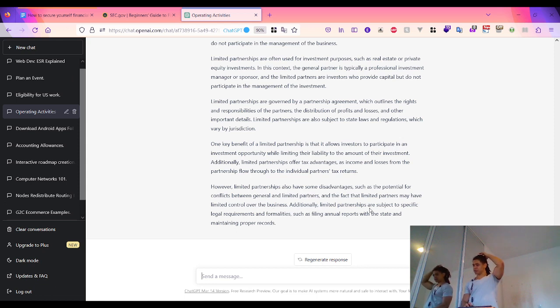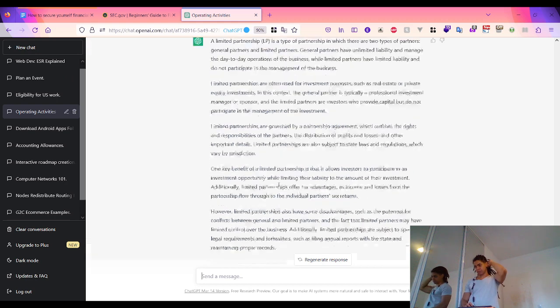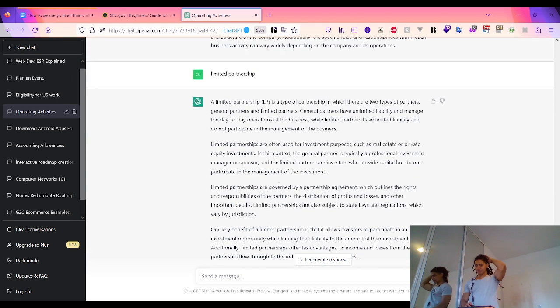Additionally, limited partnerships are subject to specific legal requirements and formalities, such as filing annual reports with the state and maintaining proper records. So, a limited partnership is typically made of general and limited partners, and they are often used for investment purposes.